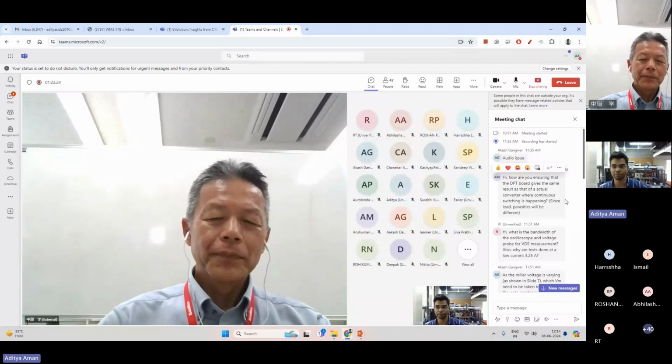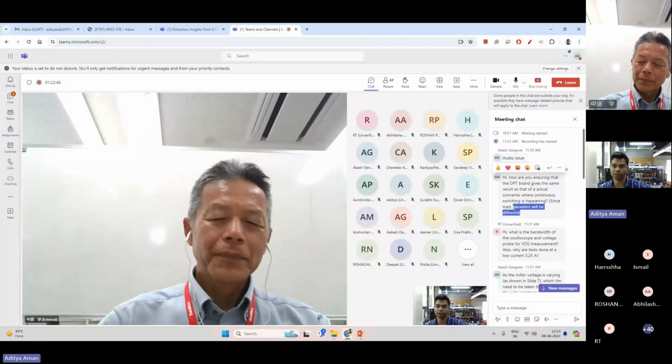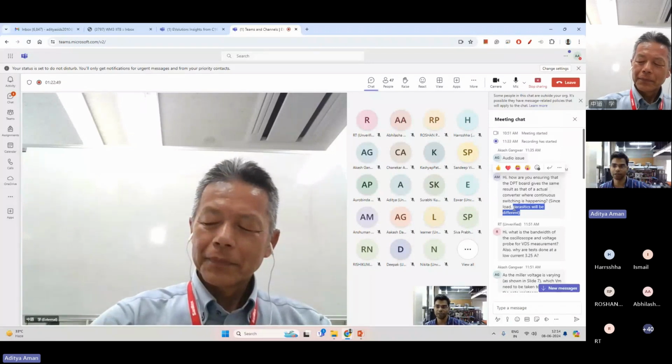That's the same policy we have been adopting in our lab. If you are doing the DPT testing on your actual setup, by default you will be incorporating the parasitics. You can vary the IDS, the RG, and the VDS over the entire given range, and then figure out what resistance you would require.